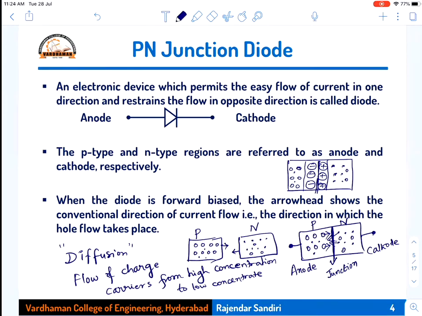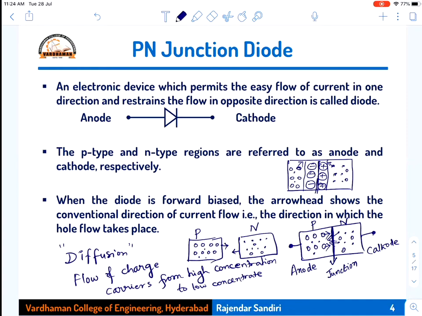That creates a barrier. Barrier is nothing but what? It's like a disconnecting kind of region, which will not allow these holes and electrons to pass through this barrier and recombine. So this hole on the p side cannot move, and this electron on the n side cannot move, because there is a barrier existing. There is a gap existing.